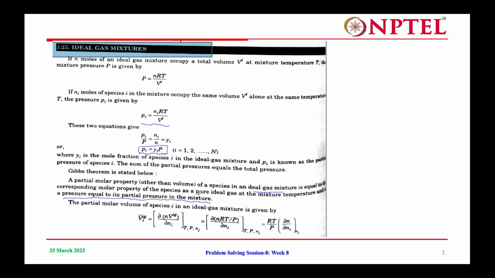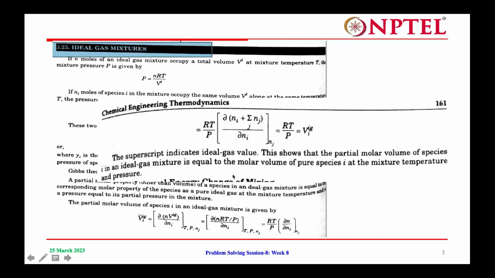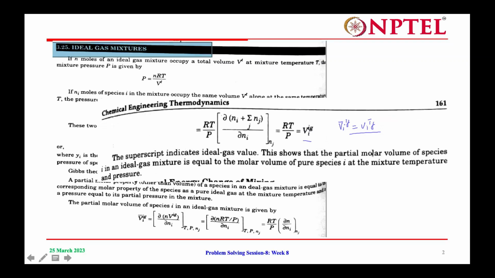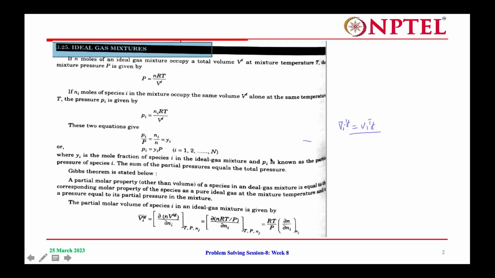Then put nV = nRT/P. You will get RT/P times ∂n/∂ni at constant nj, meaning the composition of all species except i. That gives RT/P times (∂ni/∂ni plus the summation over j of ∂nj/∂ni) equals RT/P, which equals Vi^ig. So the partial molar volume equals the pure species volume only for volume, at the same temperature and pressure. For other properties, the pressure is equal to the partial pressure. That is the Gibbs theorem.